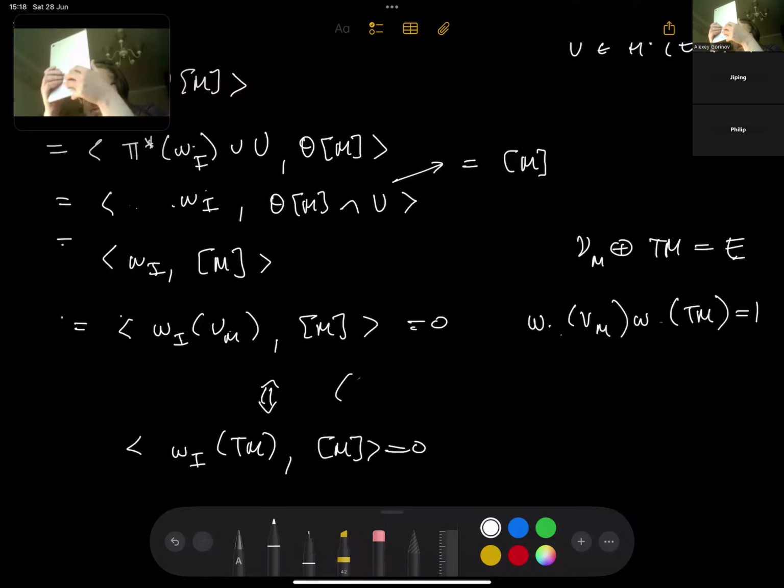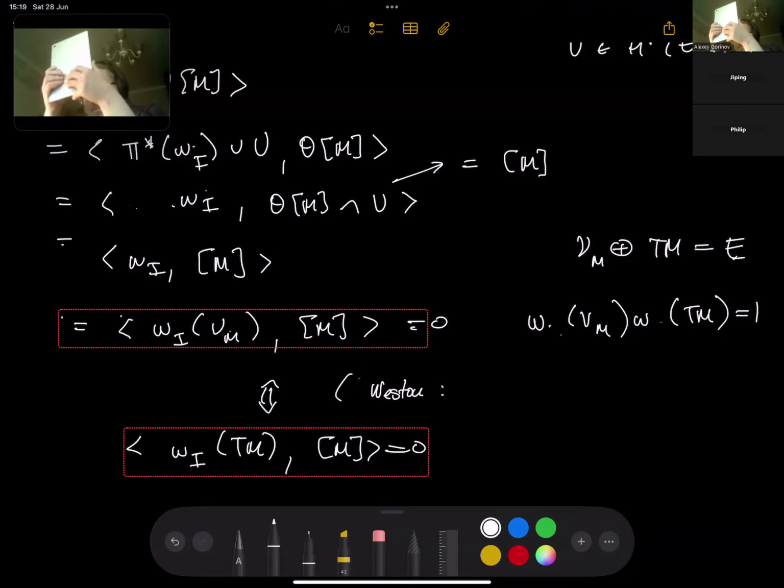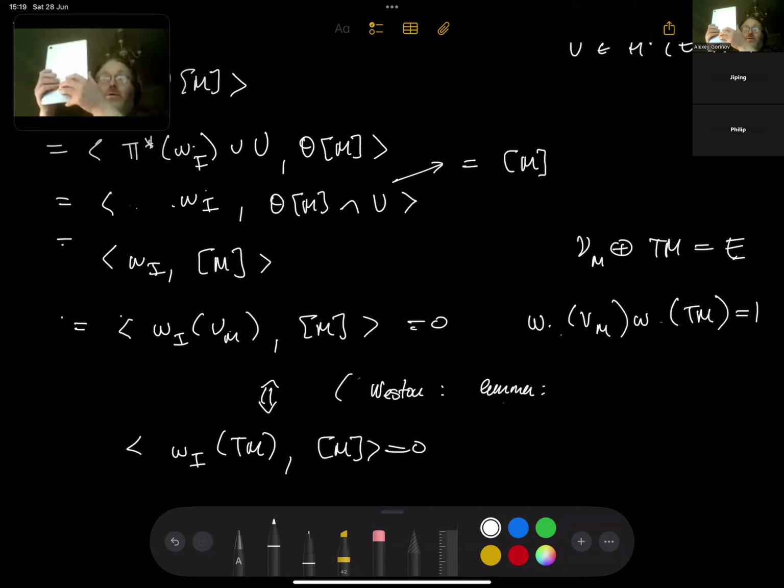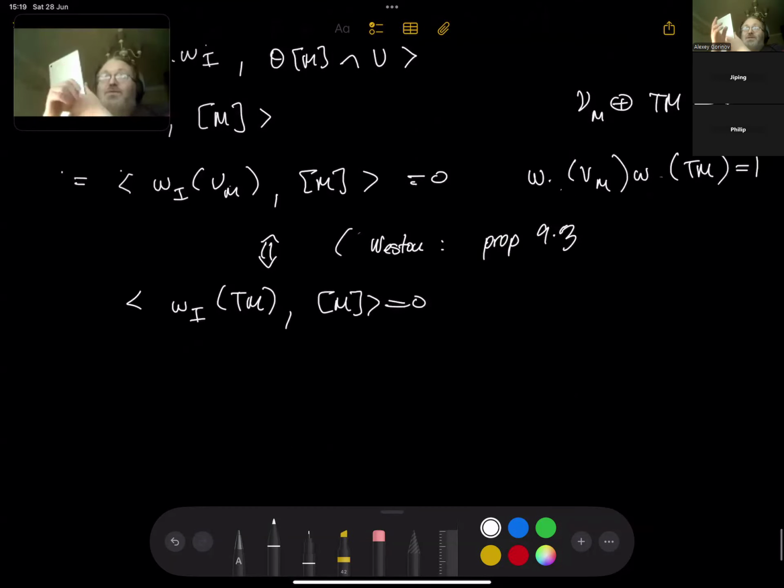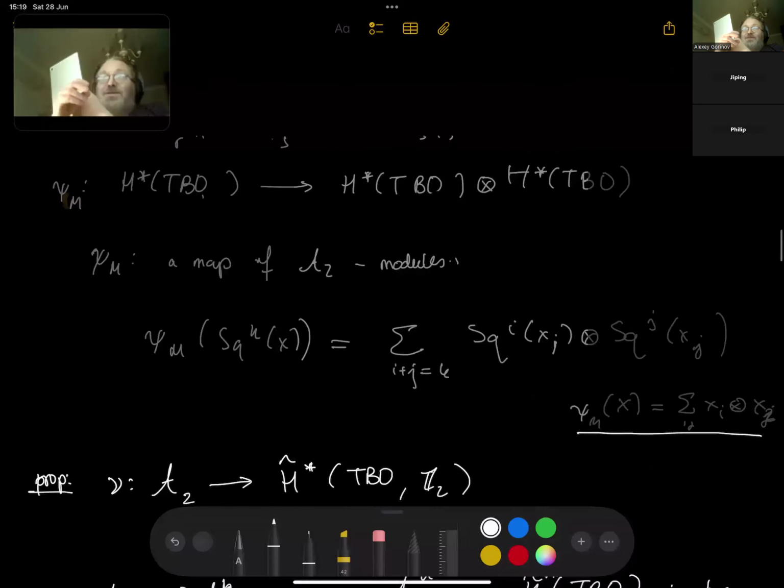So the correct lemma is proposition 9.3. Maybe we should have started with it, but let's write it down at this point.